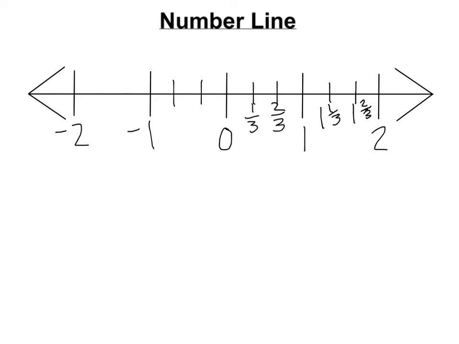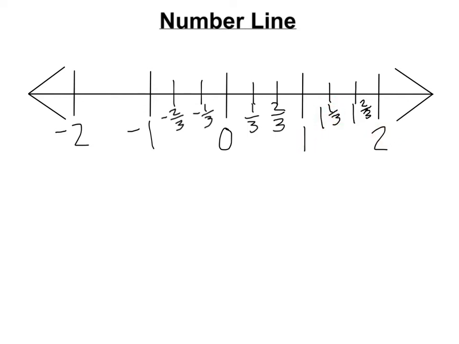If I go between 0 and -1 now, remember that the negatives are a mirror image of the positives. So the closest tick mark to 0 here is going to be the opposite of this closest tick mark here. So my first tick mark on the left is -1/3, and then my next is -2/3. Also notice here between 1 and 2, 1 and 1/3 was closer to 1.